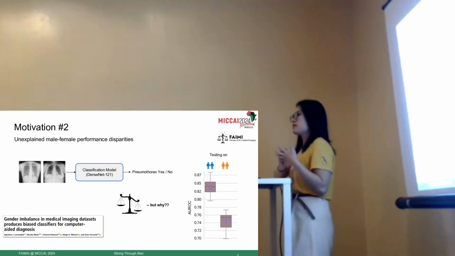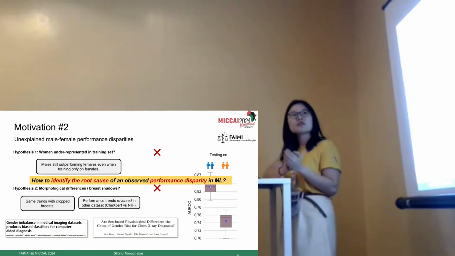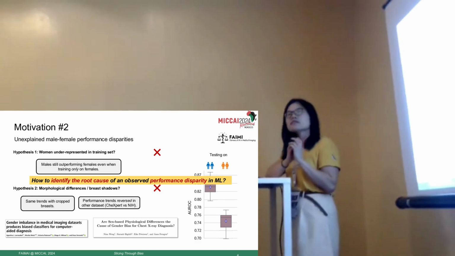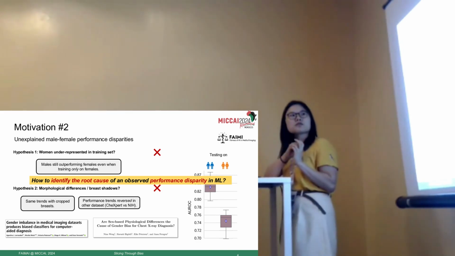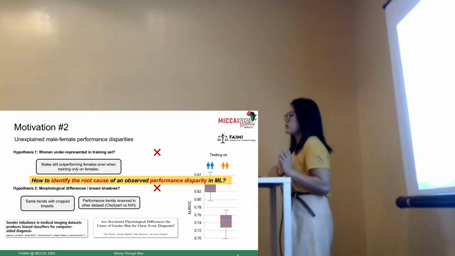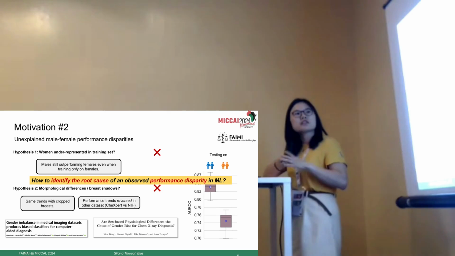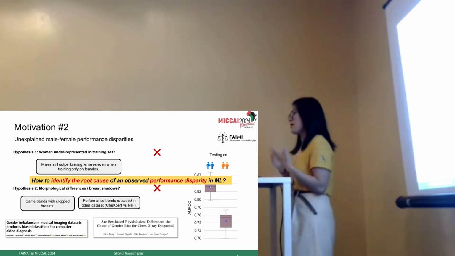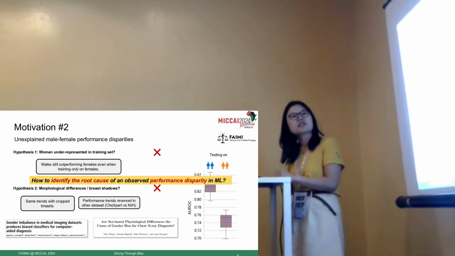The first hypothesis is that women are underrepresented in the training set, but this turned out not to be the cause, because when we only train with female data, men still outperform. The second hypothesis comes from the nature of chest X-rays: there will be breast shadow for women, which might reduce image quality.